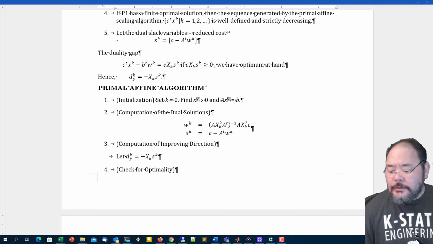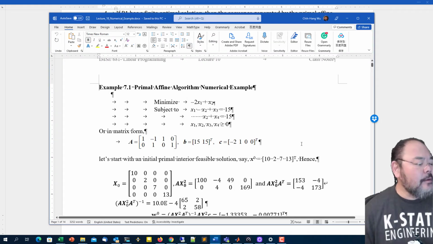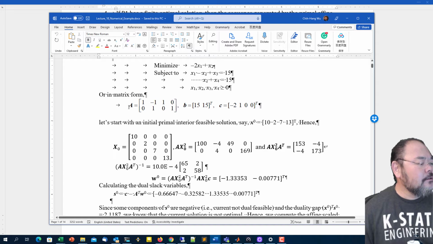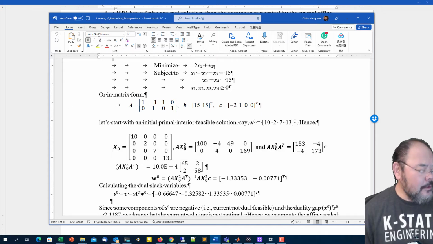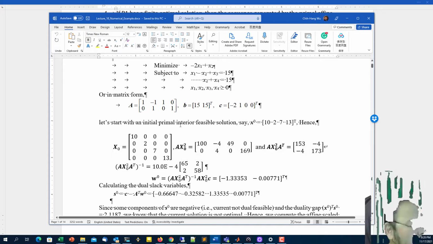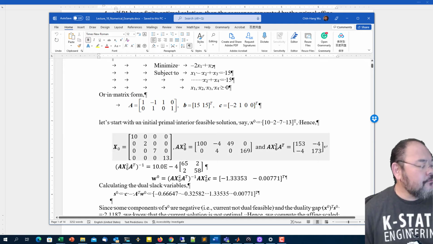So this is what we have. Let's look at the numerical example. In this example, A, b, and c are already given, and I'm going to follow exactly the algorithm we talked about in that theoretical document. First, we define capital X naught, the diagonal matrix of the current solution x naught equal to 10, 2, 7, 13.